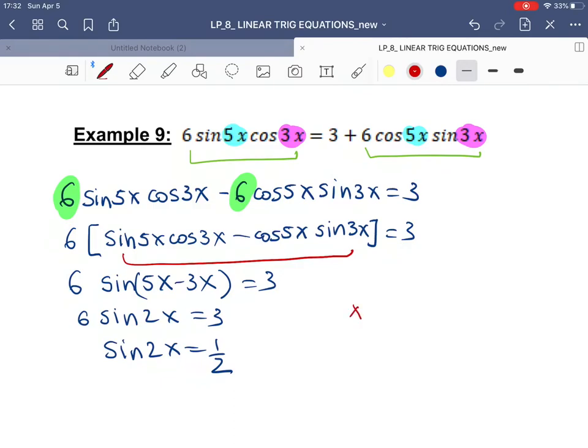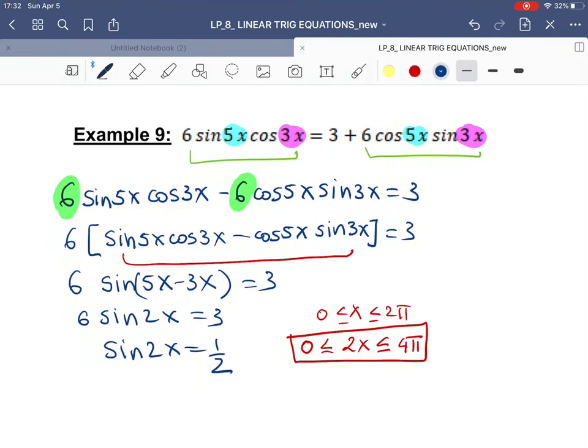So again, we're going to talk about our domain, which was for x between 0 and 2 pi. And now we are going to reconsider it because we want to find the angle 2x here, which will expand the domain to 0 and 4 pi. So that's the domain that we are going to look at.